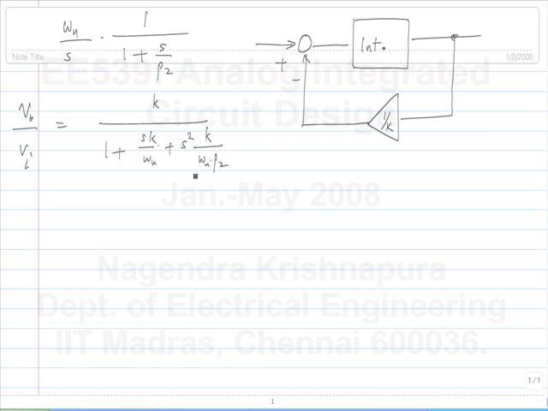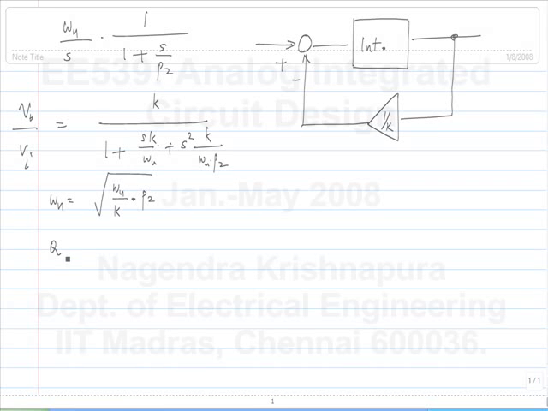This is correct, and this has a natural frequency which is equal to the geometric mean of the bandwidth without the second pole and the second pole, right?